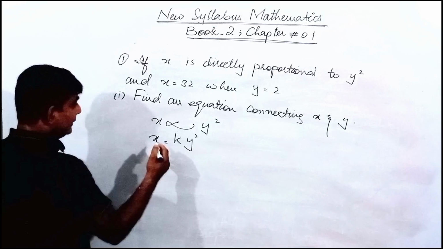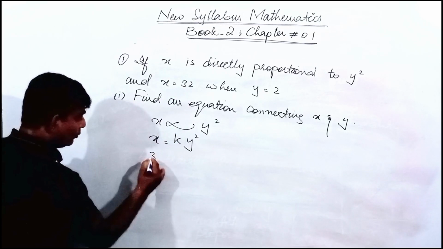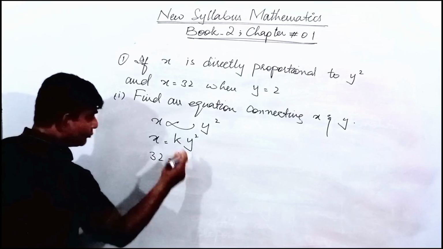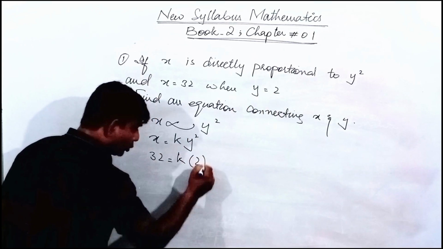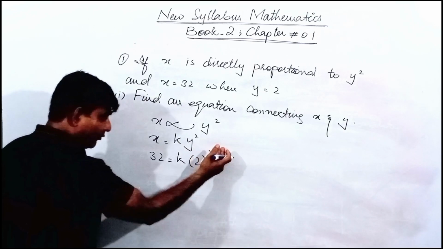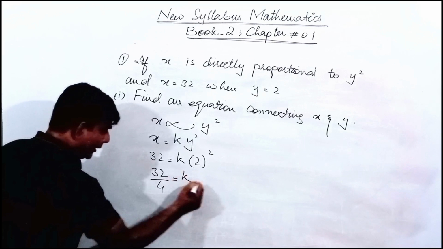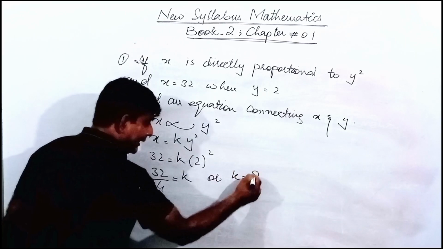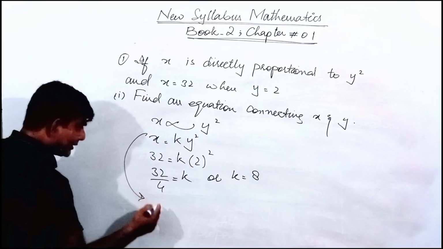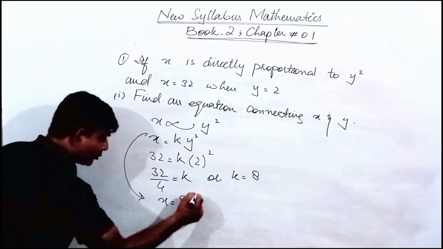For example, x is 32, k times y square. We are given y equal to 2. So the square of 2 is 4. Come over here: 32 upon 4 equals k, or k is equal to 8, since 4 eights are 32. It means the final relation would be x equals 8y square.